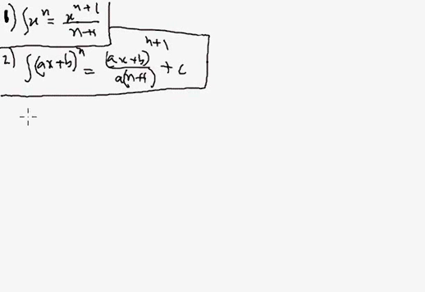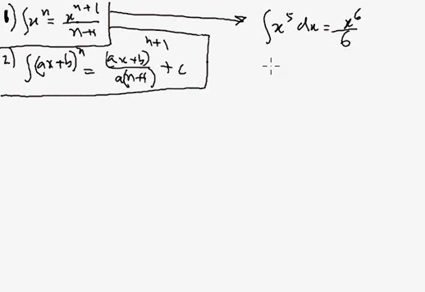Now the common mistake which students make regarding this is this. Look, this formula is for x power n and not otherwise. For example, this formula holds for x power 5, which goes to x power 6 by 6.